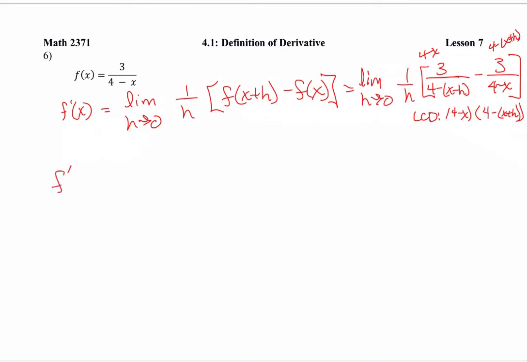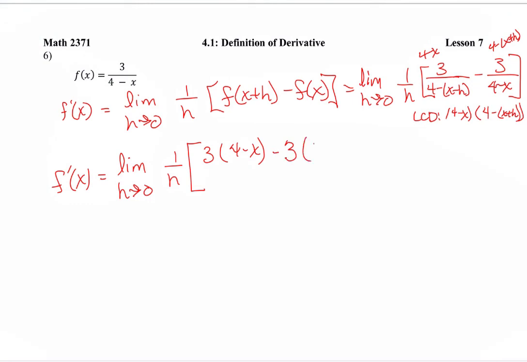All right, so f prime of x is going to be the limit as h goes to 0 of 1 over h times 3 times 4 minus x, because that's what I don't have in the denominator, minus 3 times 4 minus x plus h, all over 4 minus x times 4 minus x plus h.